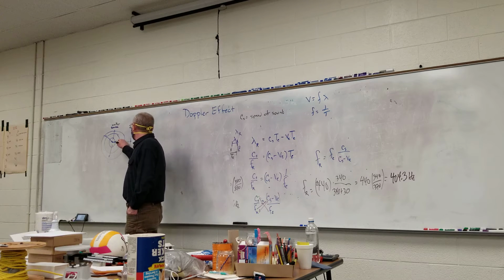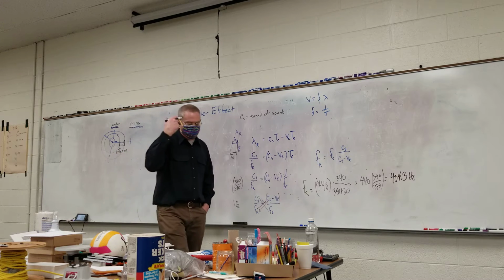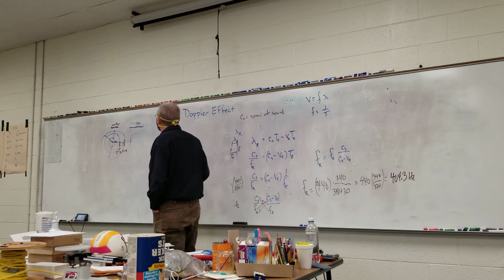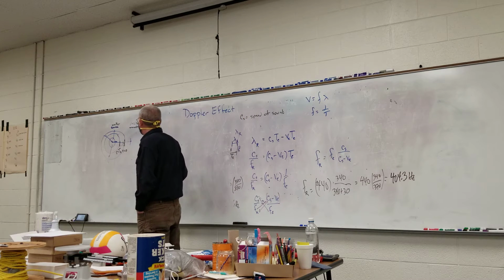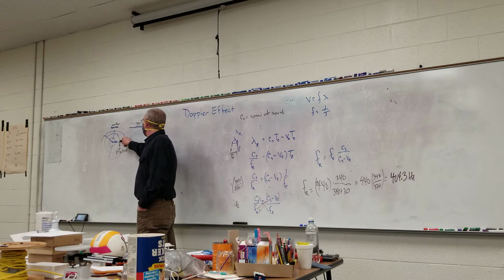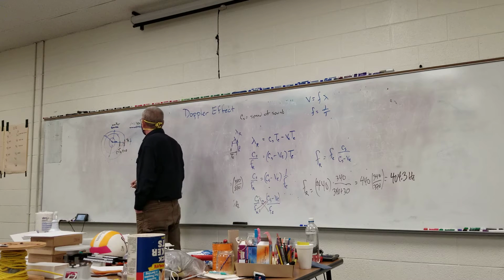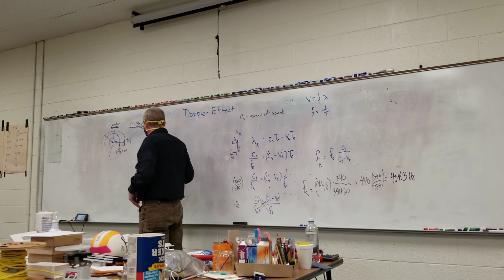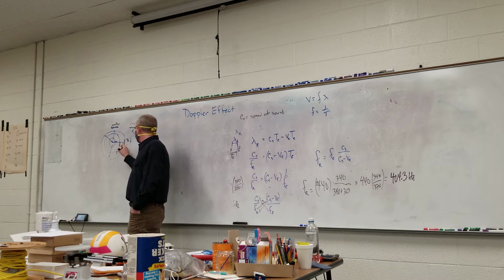So if he hits the first pressure wave here at time equal to 0, he's going to hit the second pressure wave at a time equal to T sub R, because this is what he is sensing here. He's traveling at some speed V sub R, and the waves are traveling to the right.